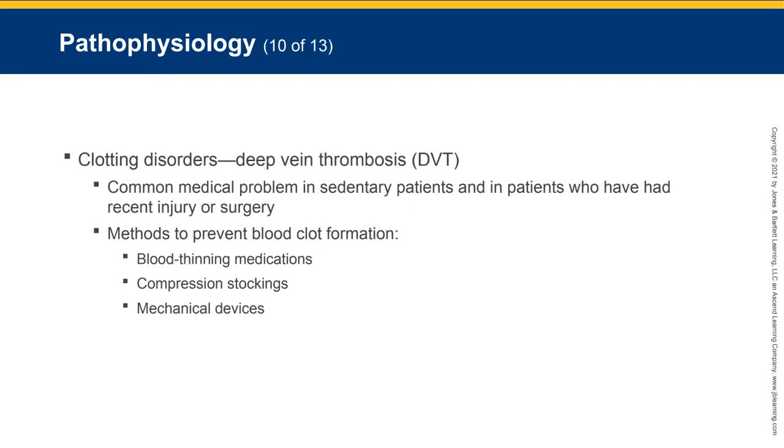So DVT can develop in persons who are ill and they're not moving around much. It can develop in persons who are taking long trips, long flights. It can develop in females who are on certain types of birth controls, which can put them at risk for clots developing.